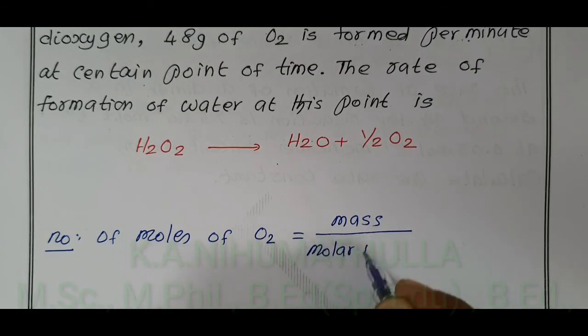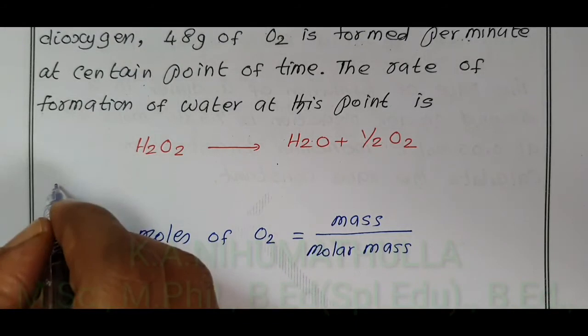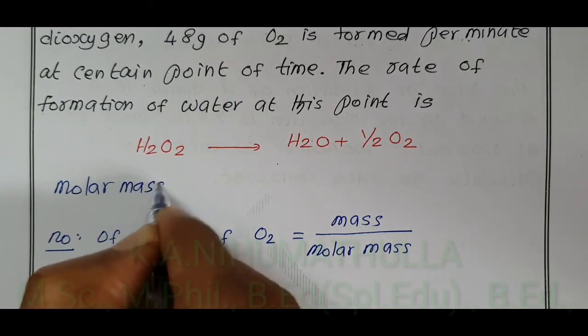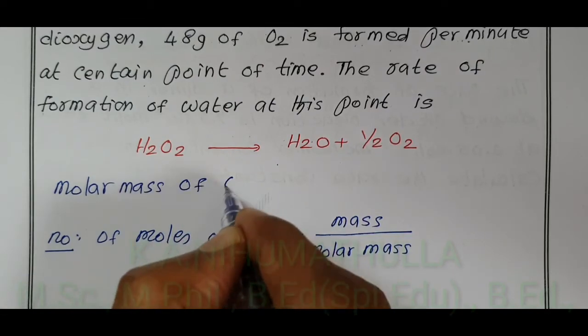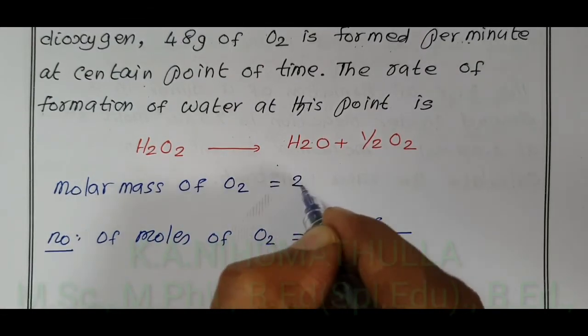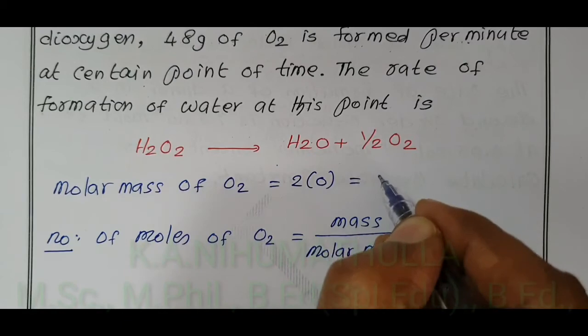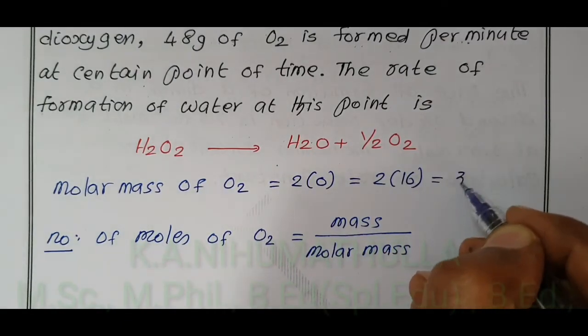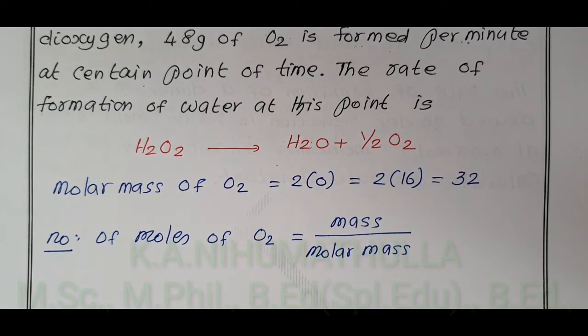Mass is given in our problem, 48 gram. We have to find out the molar mass. Molar mass of oxygen O2 is equal to 2 into 16, atomic mass of oxygen equal to 16, therefore 32 is the molar mass of oxygen.